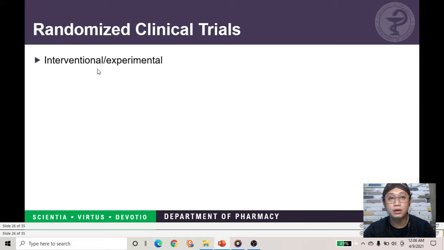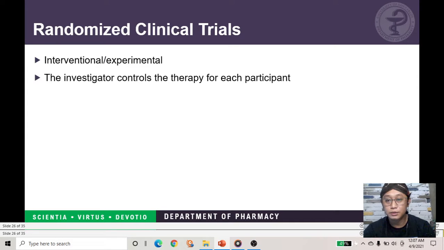A researcher or a group of researchers gives an intervention to the intervention group. So some of the participants are grouped as the case group or the experiment group, then we compare with the participants in the control or placebo group.